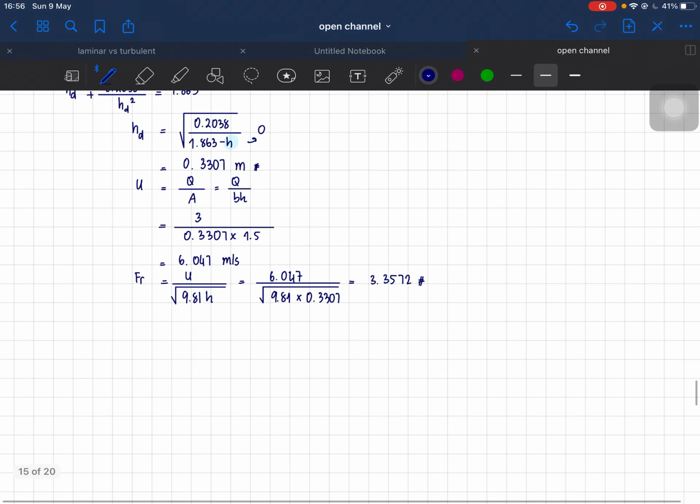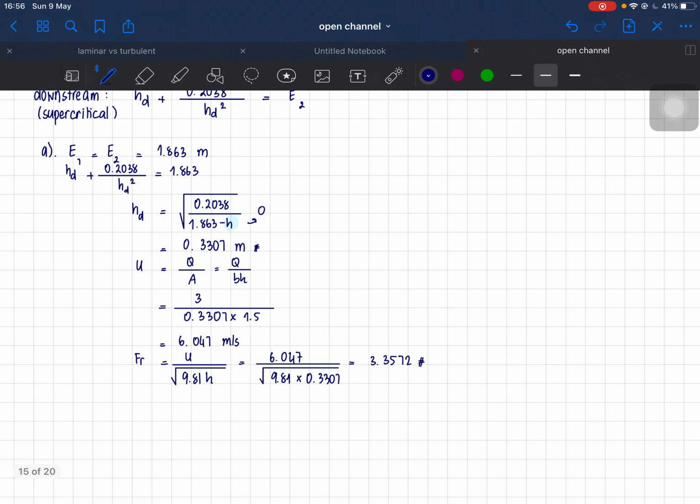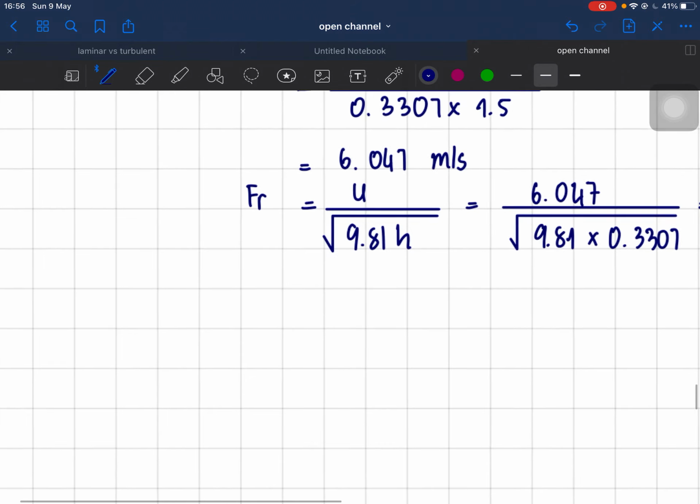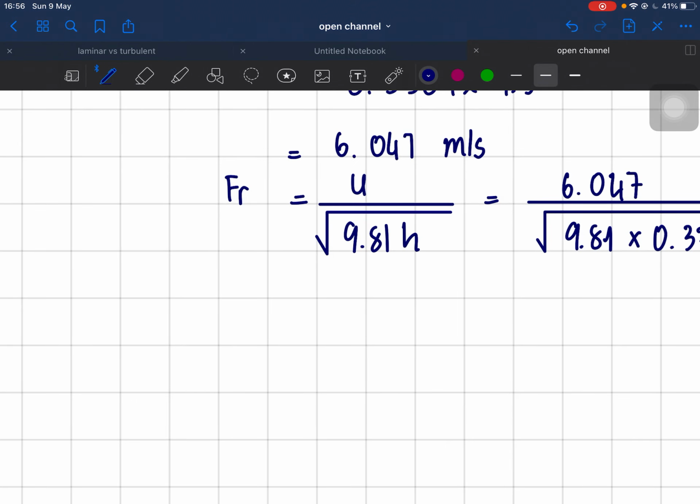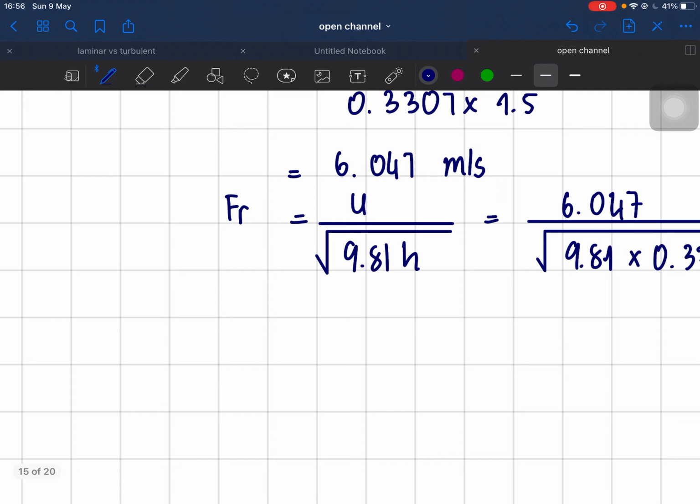Okay, so for B it is very simple, it's the same, but for B there's 10% specific energy loss. So for B, E2 equals 1 minus 0.1 of E1.